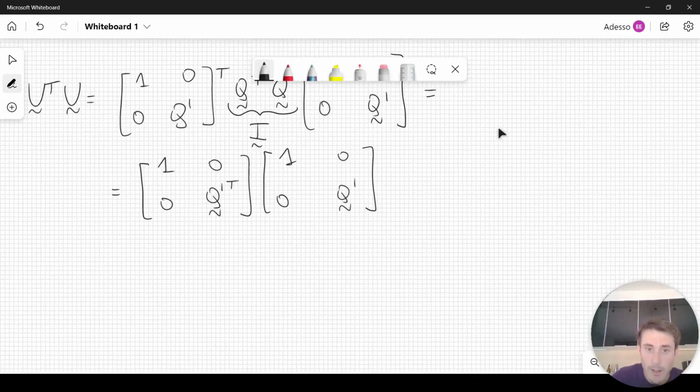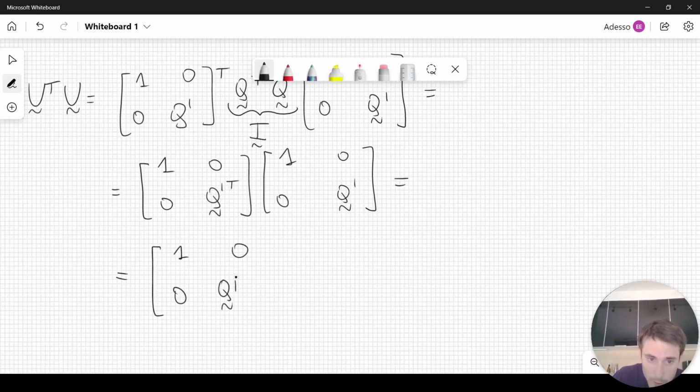Now we can carry out the multiplication, and we can write it like this: 1, 0, 0. Then here we have Q prime transpose Q prime. And now we know that Q prime is an orthogonal matrix, and the product of these two will give me the identity matrix in the n-1 dimensional space.